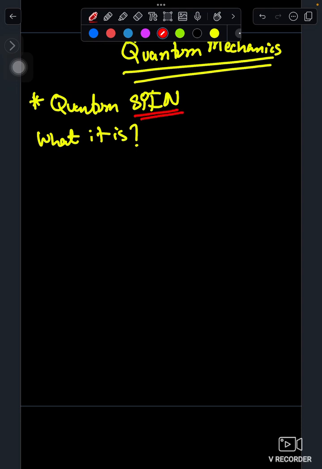Spin in classical physics is all about what an object is doing that causes it to have a spin. But in quantum mechanics, quantum spin is about what the particle is, not what it is doing.